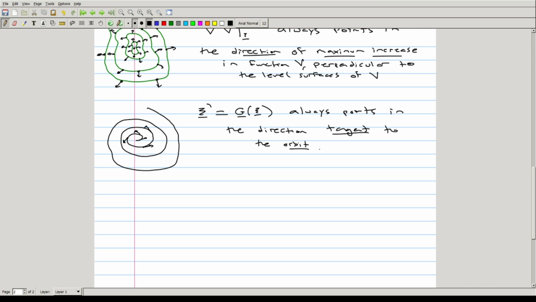At any point, the vector g is going to be tangent to the orbit at that point.